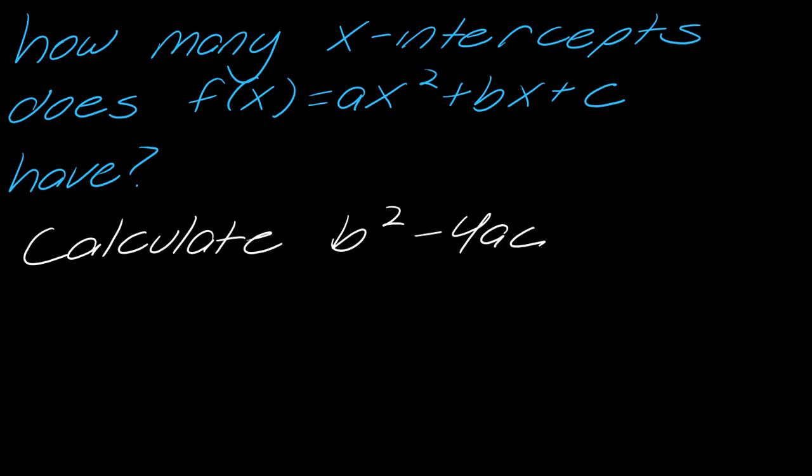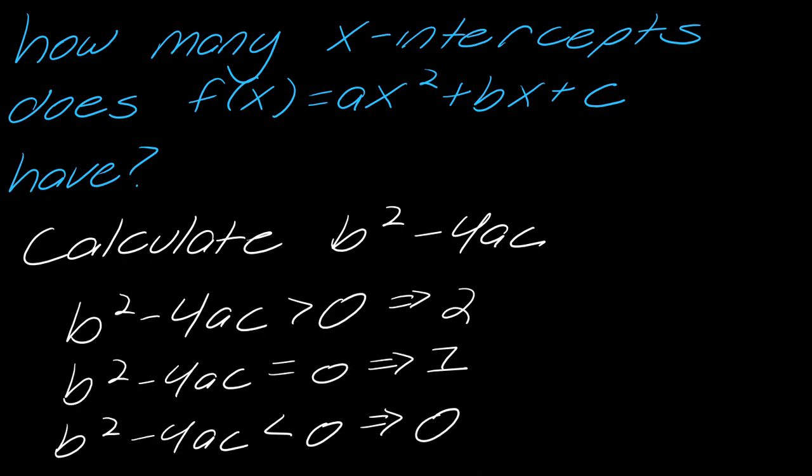If you calculate this and it's greater than 0, you're guaranteed to have two x-intercepts. If b squared minus 4ac equals 0, you're guaranteed to have one x-intercept. And if it comes out to something less than 0, then you won't have any x-intercepts. So this is just a second way that you can check yourself.